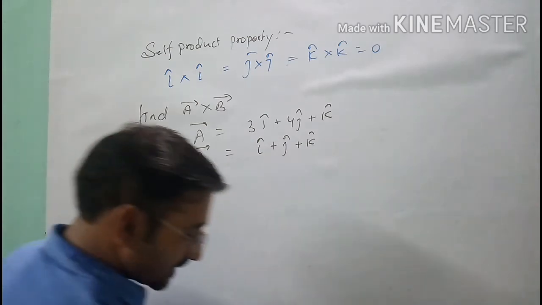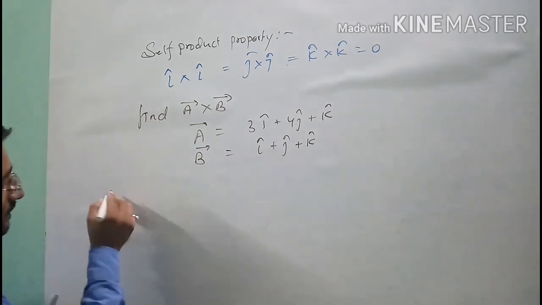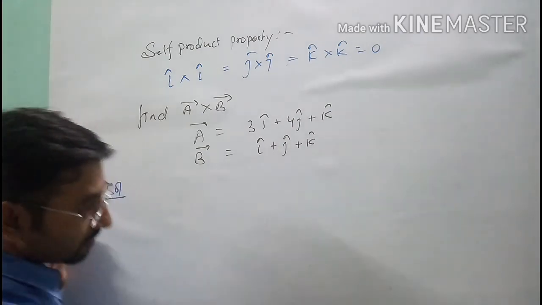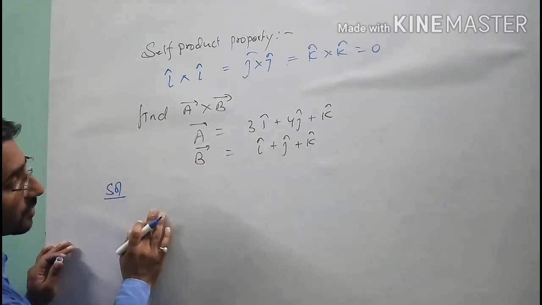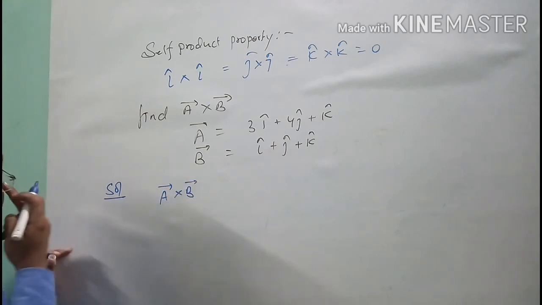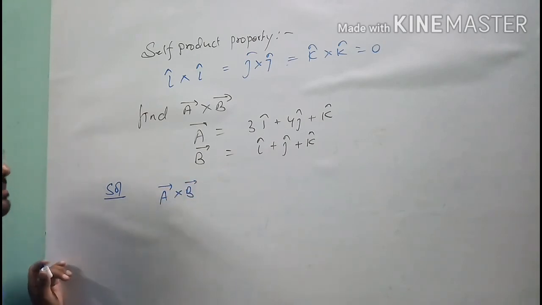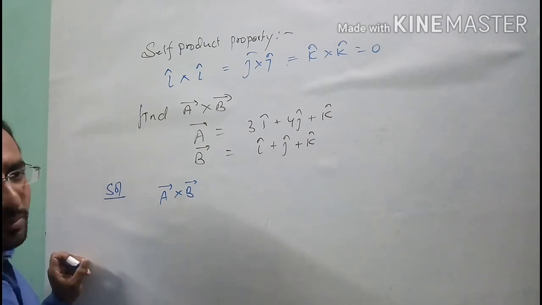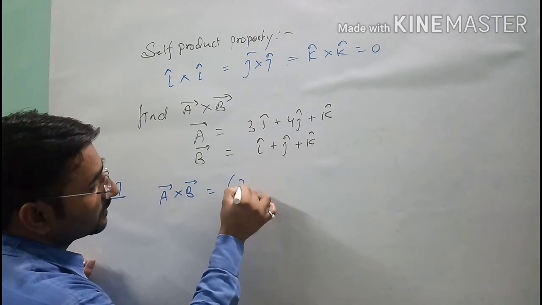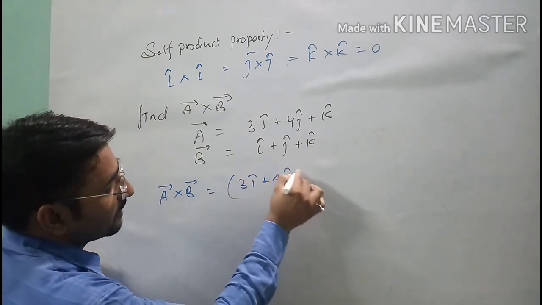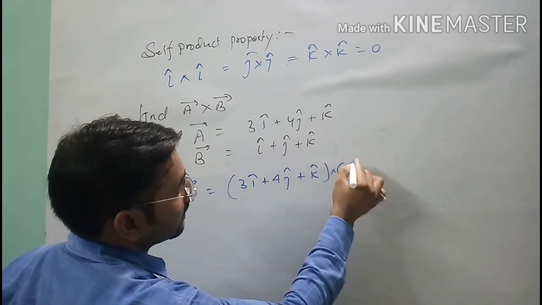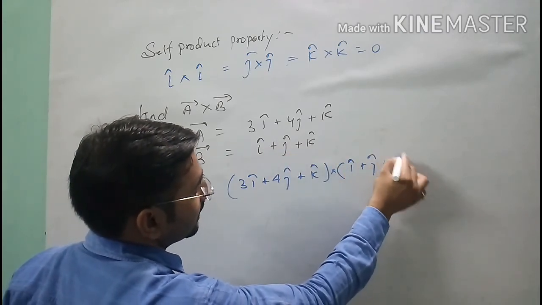The first method which I am representing in front of you is typical because it is the direct cross product method or rule by which you will find the cross product of two vectors. See, A cross B, how you will write it with the help of orthogonal properties and the self cross product property. So A cross B will be 3i cap, 4j cap and k cap, and after that the cross product form i cap, j cap and k cap.